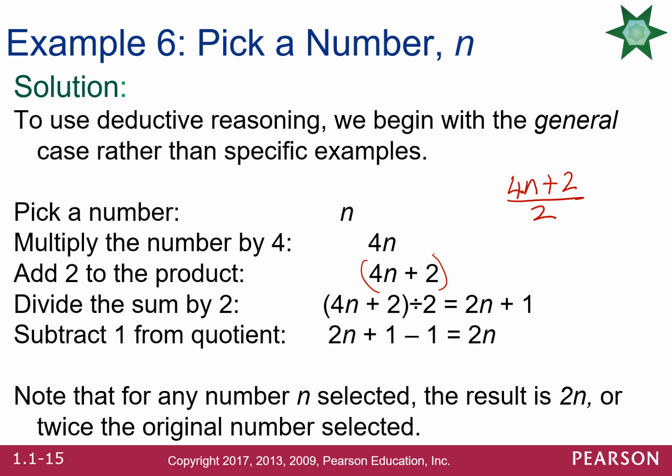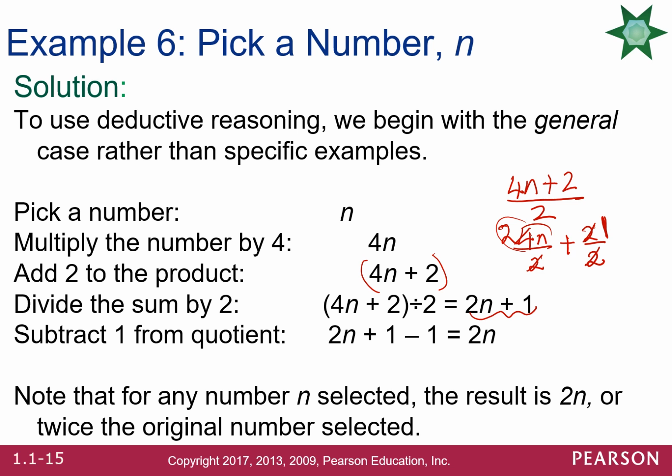Either you distribute the common denominator to both the terms and divide, so you can do 4n divided by 2 plus 2 divided by 2, and that would give you 2n for the first term, and 2 divided by 2 is 1. So 2 times n plus 1, and that's how they got it.